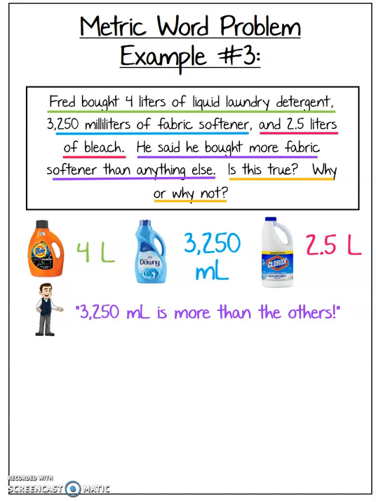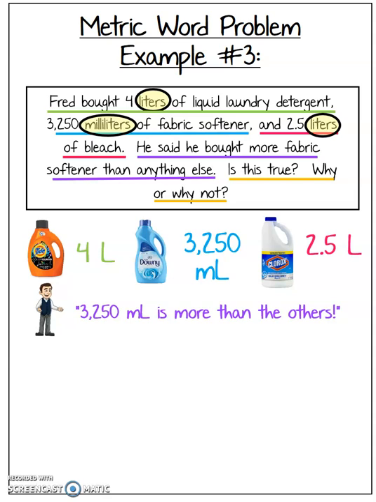And I know that we need to do some converting, because if you notice, 2 of my measurements are in liters. Both the laundry detergent and the bleach are measured in liters, but the fabric softener is measured in milliliters. So when I'm comparing these 3 amounts, I can't compare them all equally. I'm going to have to do some kind of converting.